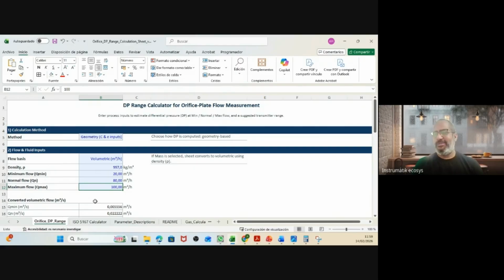I know that maybe in the future, I don't know when, I'm going to try to make a course of this, a training. I don't have a training of this right now because I'm working with control valves. On Wednesday I'm going to have a control valve sizing and selection webinar, but it's in Spanish.